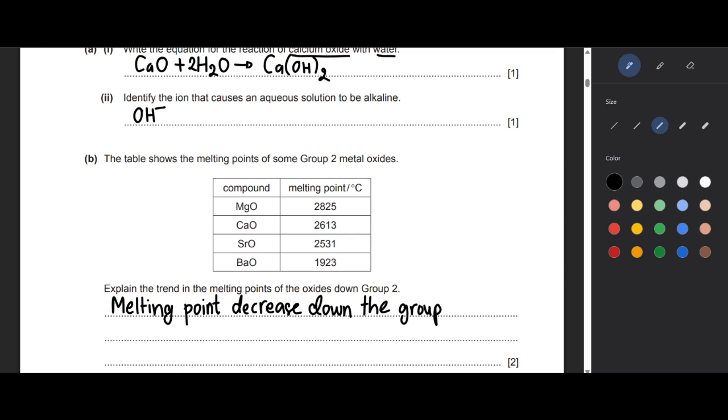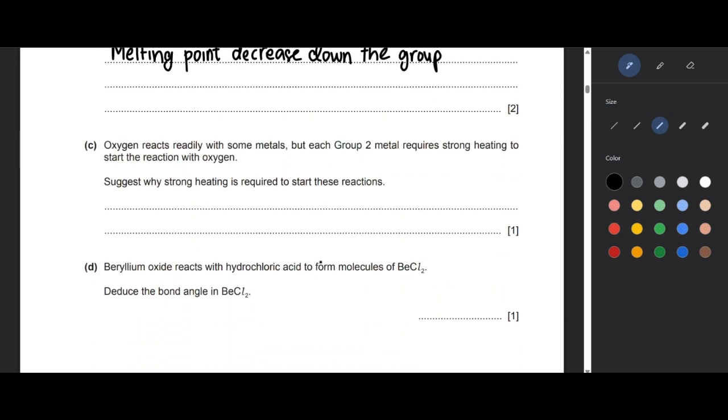Why? As it goes down, the ionic radius of the metal cation increases, which weakens the attraction between the positive metal ion and the negative ion, O2 minus. This decreases the lattice energy. That's why the melting point decreases down the group.